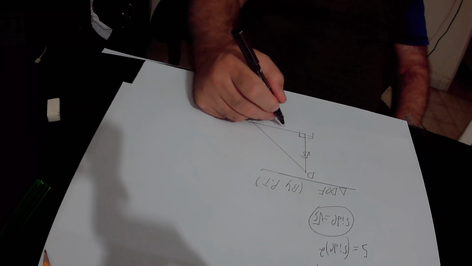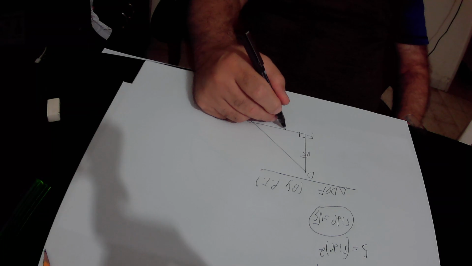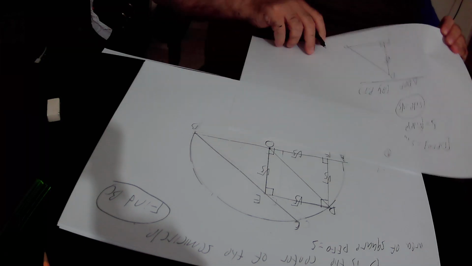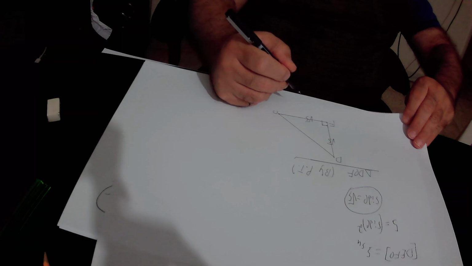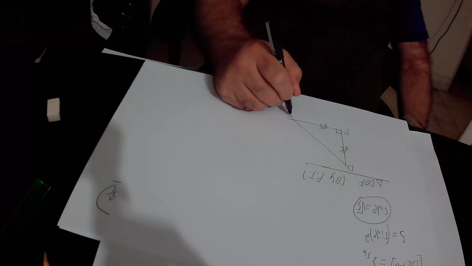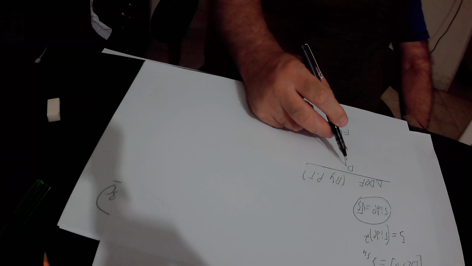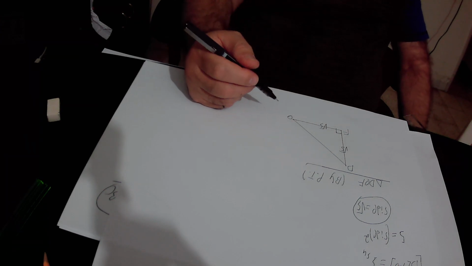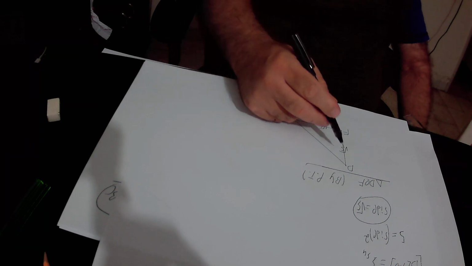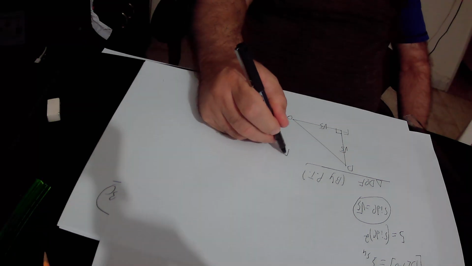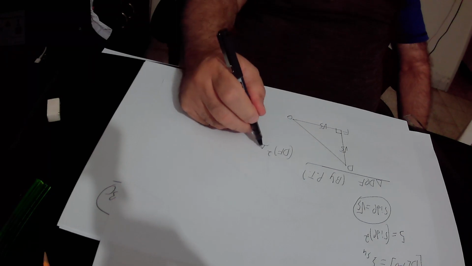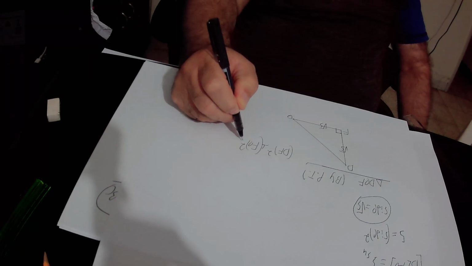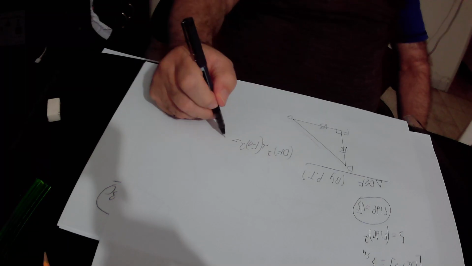FO is also one side of square DEFO, this is also equal to square root of 5 units. The only missing side is the hypotenuse DO. So according to the Pythagoras theorem, we get that DF squared plus FO squared equals DO squared.